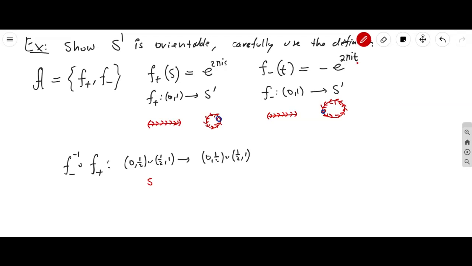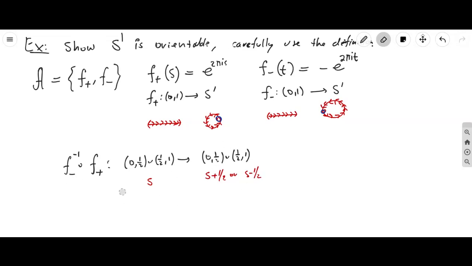If we call this S, the S coordinate, because we're starting in the S chart, we map it to the circle and then bring it back to the negative chart, so we're finding the T coordinate. The T coordinate will become either S plus a half or S minus 1/2, depending on whether S is in this one, then it gets shifted over to that one, and if it's in that one, then it gets shifted back to the other one.